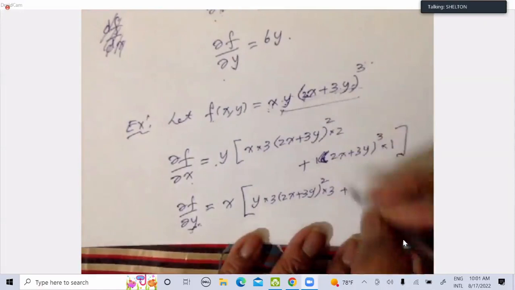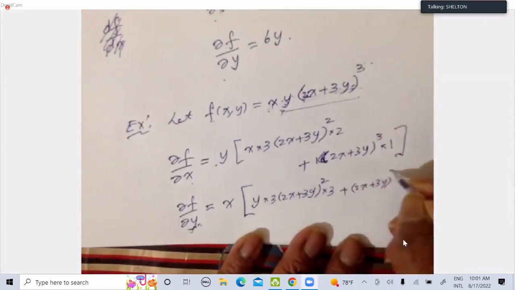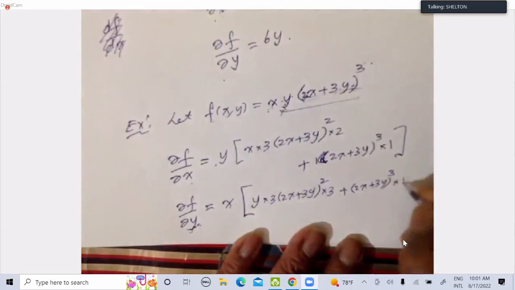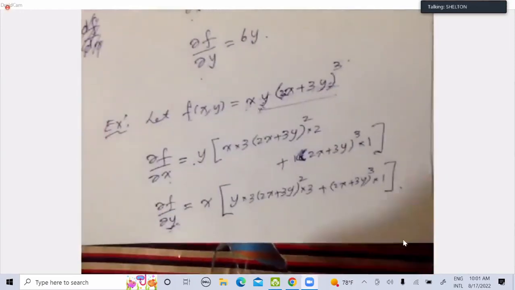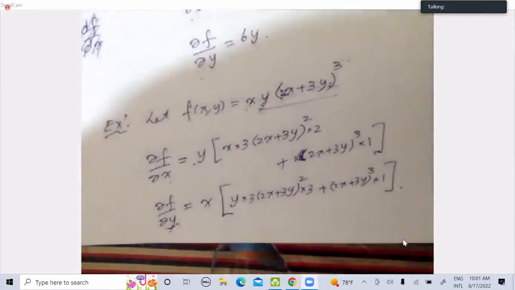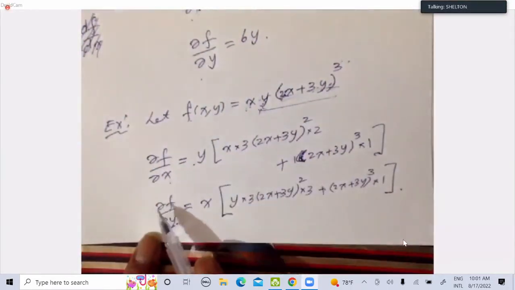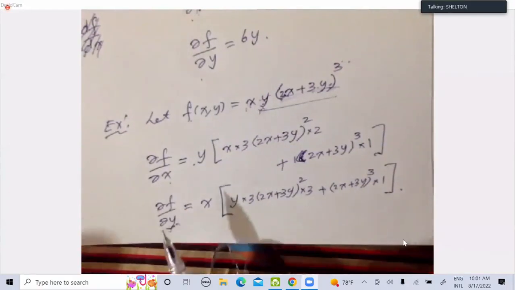So this, 2x plus 3y squared, times derivative of y is 1. Then when you want to find ∂f/∂y, you want to find the derivative.